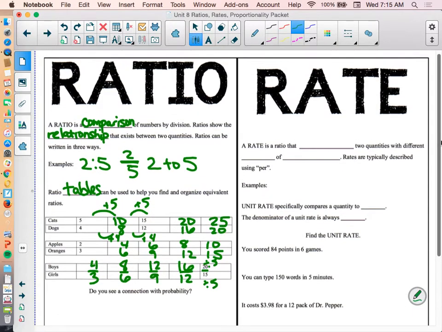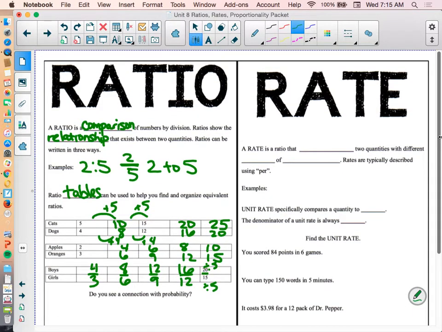All right, looking at rates. Rates are a little bit different, but they still compare quantities. Except in this case, a rate is a ratio that compares specifically two quantities with different units of measure. So really the units are what give away that you have a rate versus a ratio.